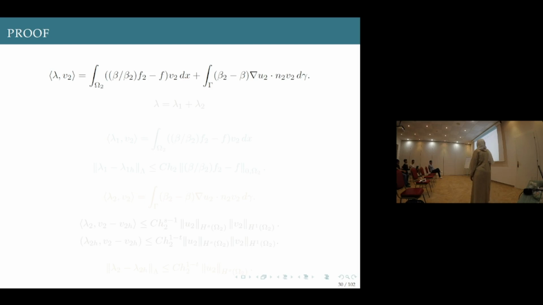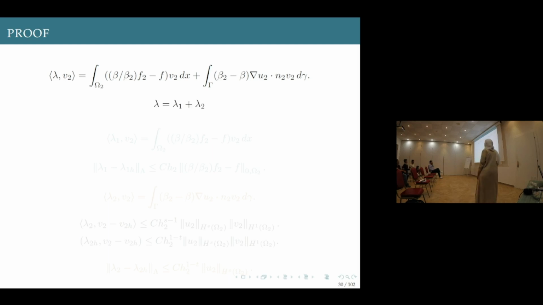So let's make use of the characterization of lambda. This characterization here is obtained from the problem itself. Just by playing with the problem, you get this characterization of lambda, which is the duality between lambda and v2 equal to some integral over omega 2 of this, plus some integral at the interface of this.